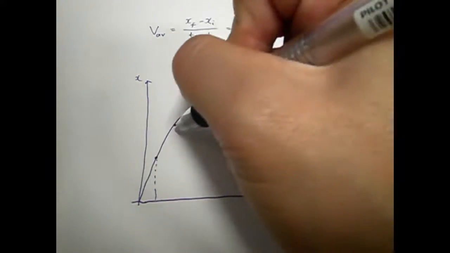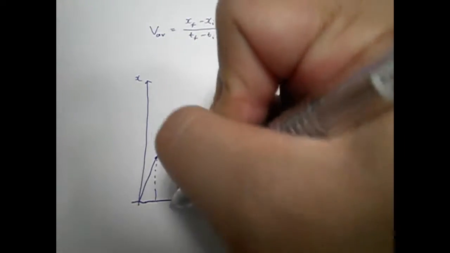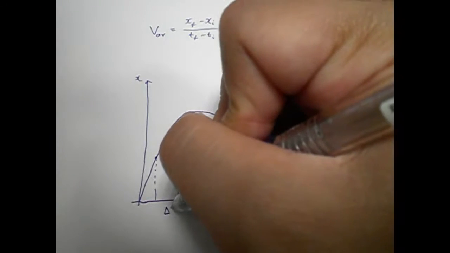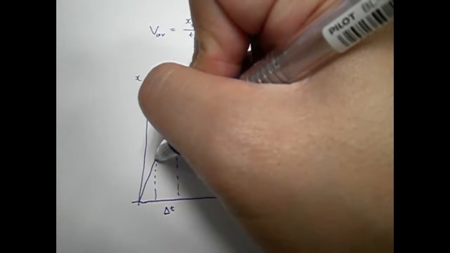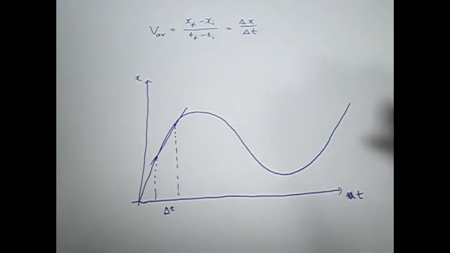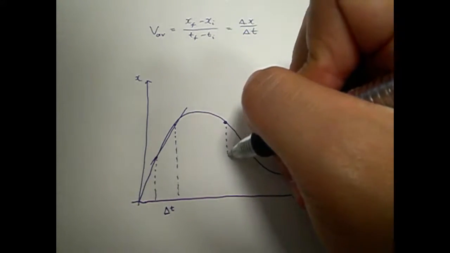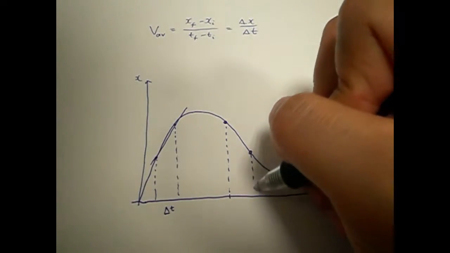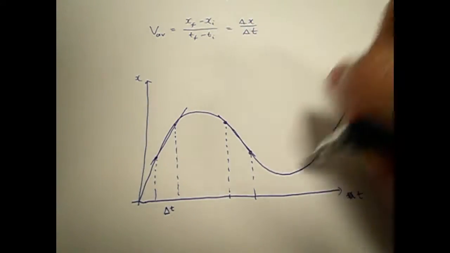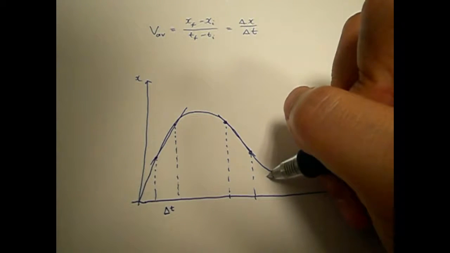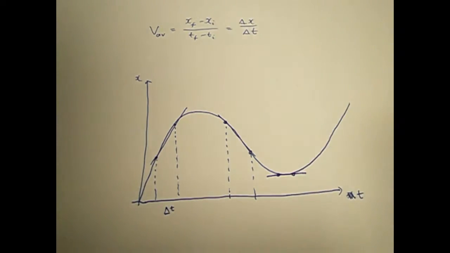If you take this interval, you will get a large positive average velocity, positive corresponding to the upward slope, while for this interval you get a negative average velocity, a downward slope. Then at intervals like this one, you get a fairly flat slope, so you will get a small average velocity.